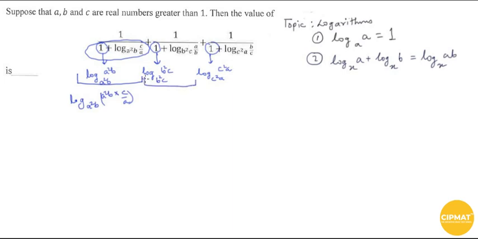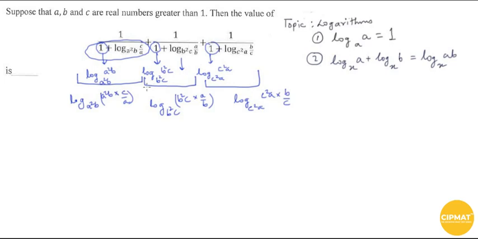Similarly, this expression along with this becomes log of b square c, and here it becomes b square c times a by b, and lastly this becomes log of c square a, and here c square a multiplied by b by c. It's nothing but a simple application of this property that I have written.